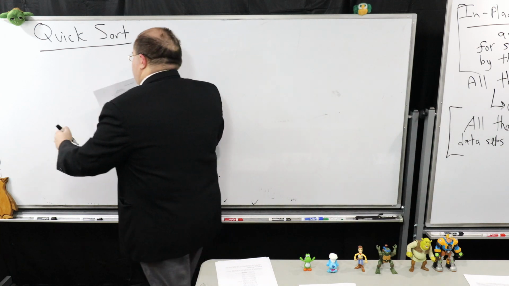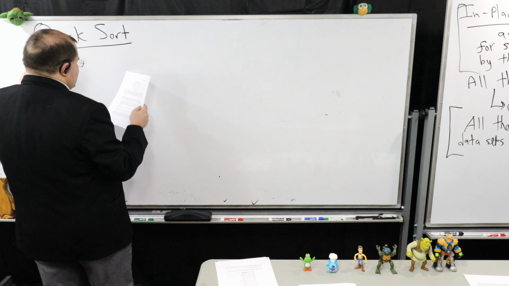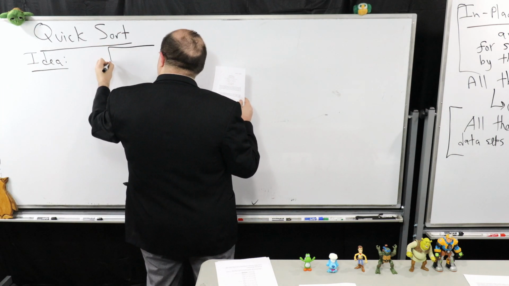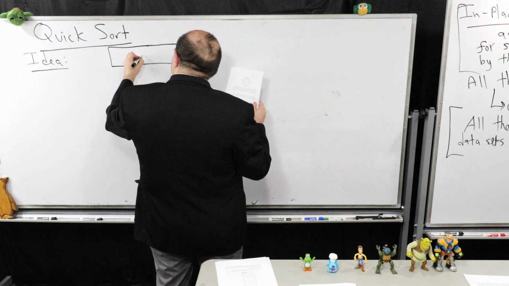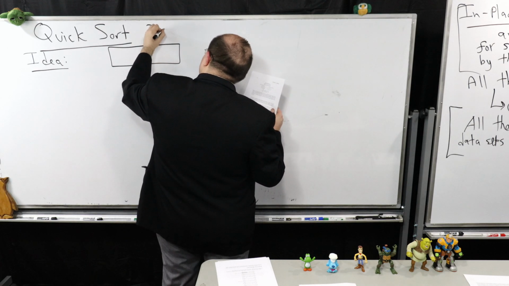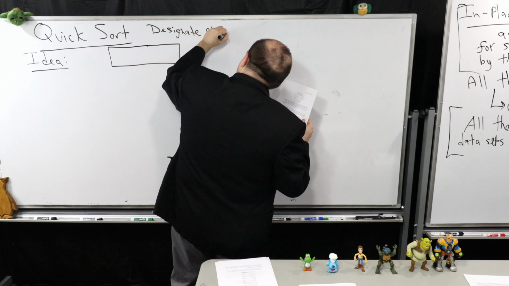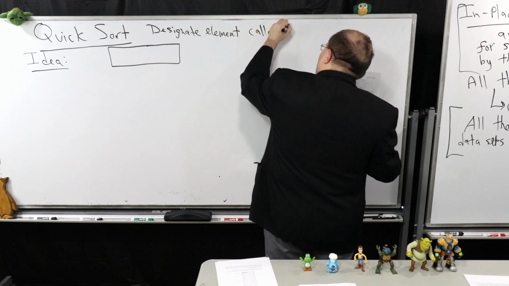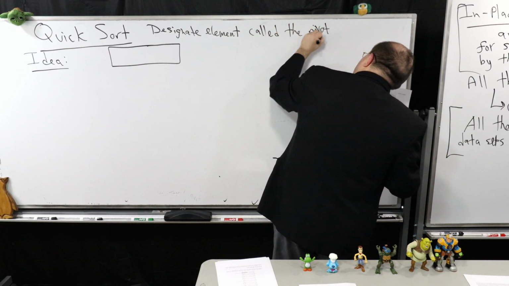So here's the idea. Imagine I have my array, and I'm going to designate an element called the pivot.